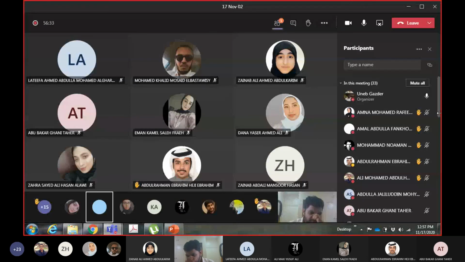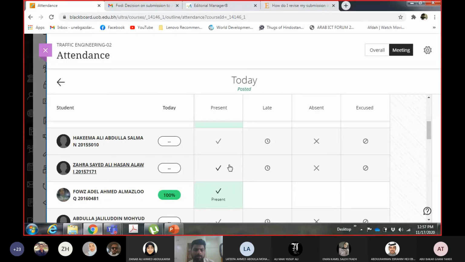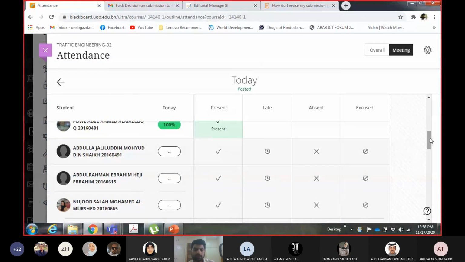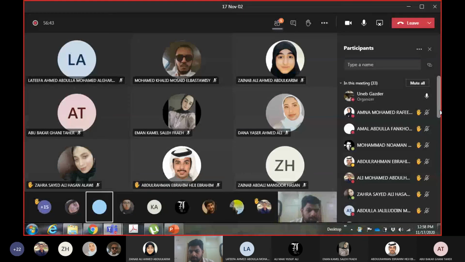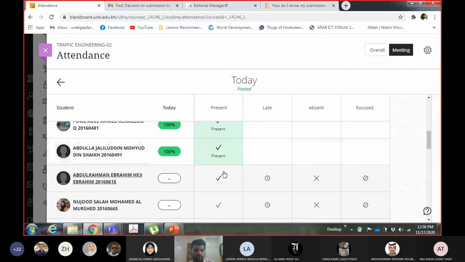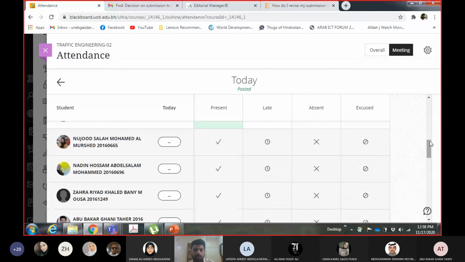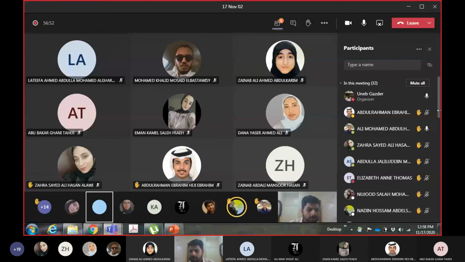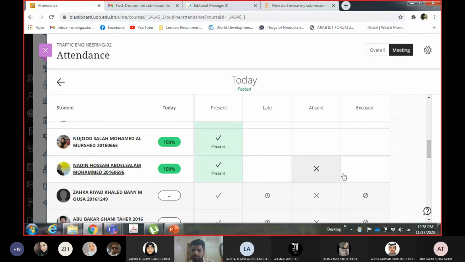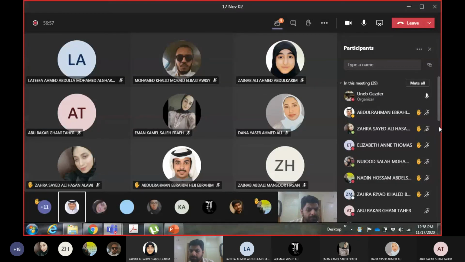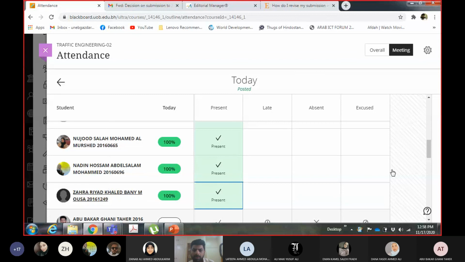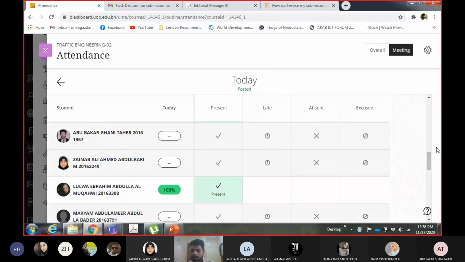Hakima Ali. Zahra Sayyid. Abdullah Jaliluddin. Abdullah is here, and Ibrahim is here. Nuju Salah. Nuju and Nadeen both are here. Zahra Riyad. She is here. Abu Bakr Ghani. Zainab Ali Ahmad. She is here.